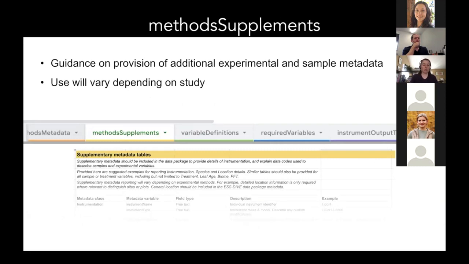So this is more of a suggestive part of the standard to give people ideas on the way that different types of metadata could be included and presented. But its use will vary highly depending on the experiment at hand.